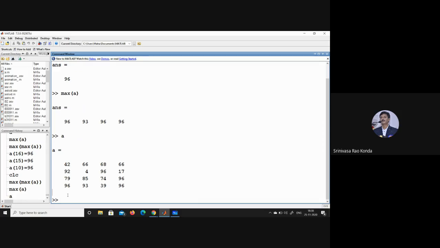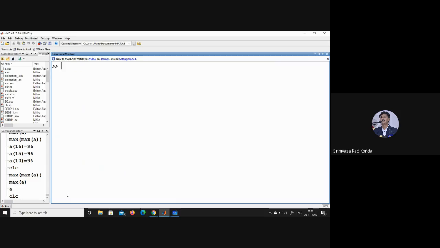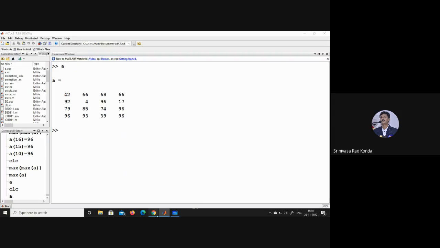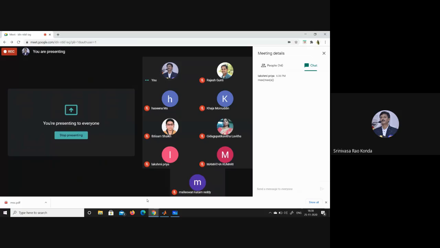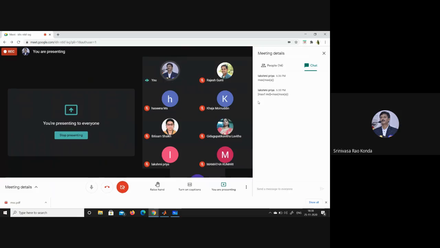How to find the index of the maximum element? Any guesses? How to find out the indices of the maximum element? So I will copy, what will we get with this command?